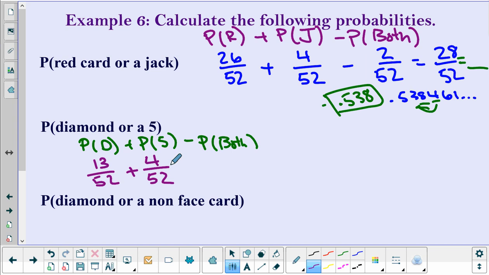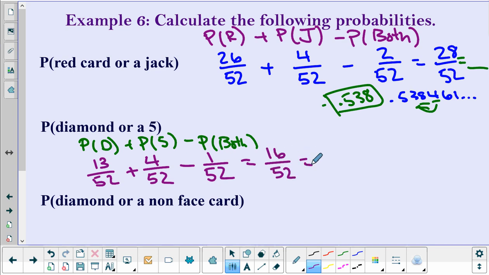There's a 5 of diamonds, which means that that 5 of diamonds got counted here with the diamonds, and that 5 of diamonds also got counted here with the fives. That's not okay. The 5 of diamonds is only one card. You can't count it twice. So since I can't count it twice, I need to take that one card away. So I end up with 17 minus 1, which is 16 out of 52.